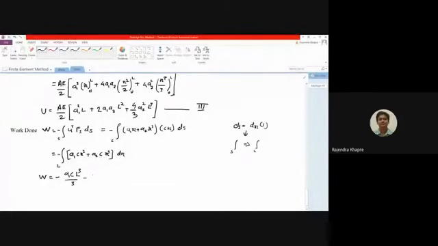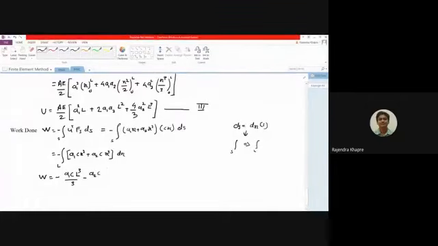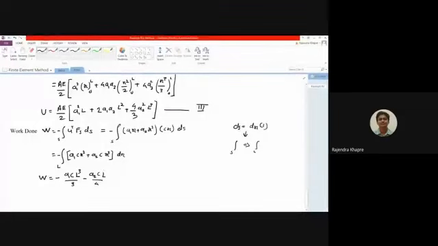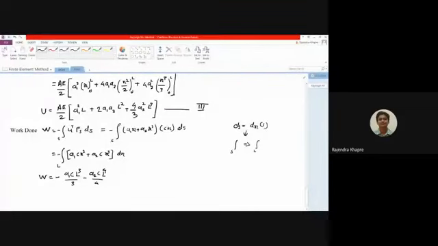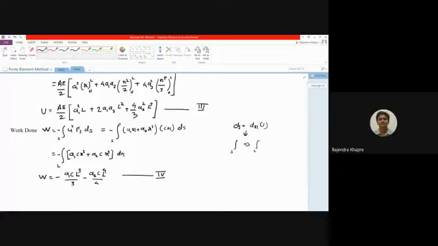Minus you will have, sorry, rather a2 into c. So x cubed will be now x to the power 4 upon 4, so this will be divided by 4, and x to the power 4 will now become L to the power 4 over here. Okay, so this is your expression number 4. So this is how you can get the value of work done also, right?